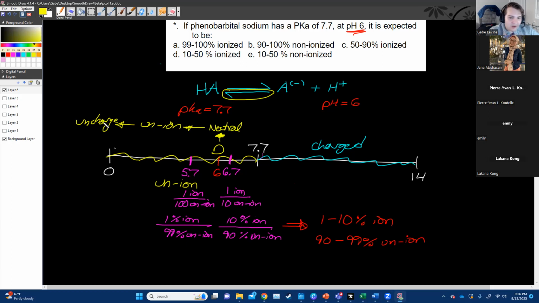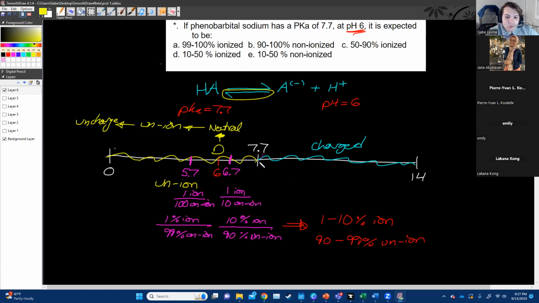They all describe the same molecule. And so as we move towards this structure, the number of molecules that would be uncharged or unionized increases.